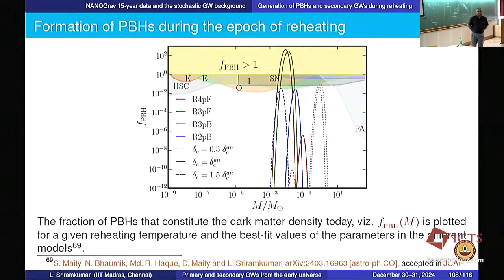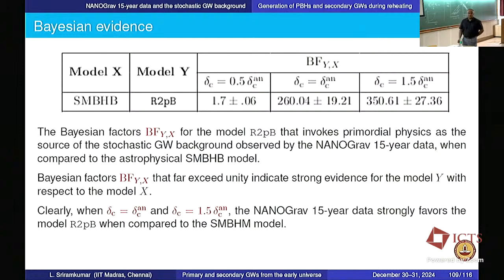So, this is just a quick comment. We discussed this yesterday, that there was some pushback against the very high Bayes factor you get for your model as opposed to an astrophysical model. I'm wondering if you've also seen that the NANOGrav team have put out an erratum to their new physics paper.